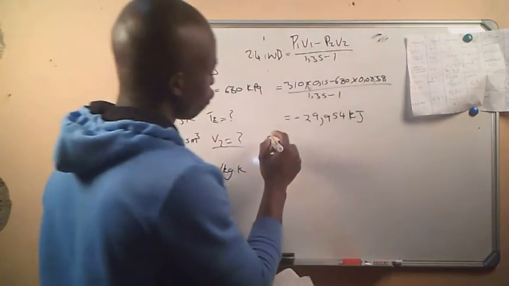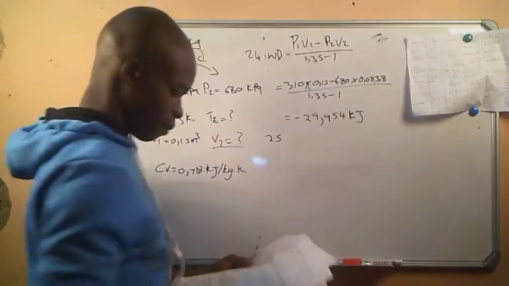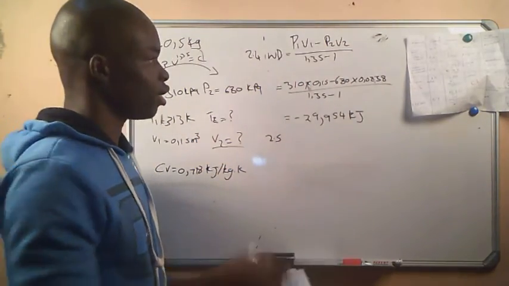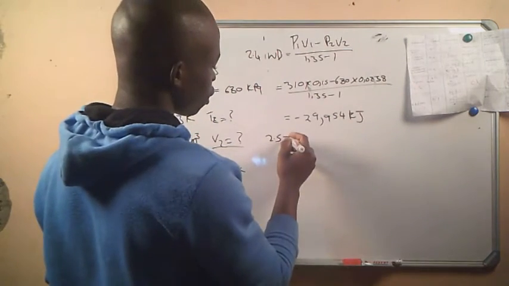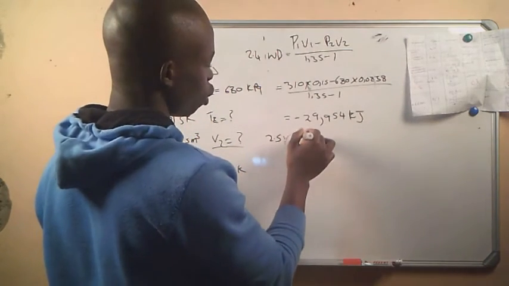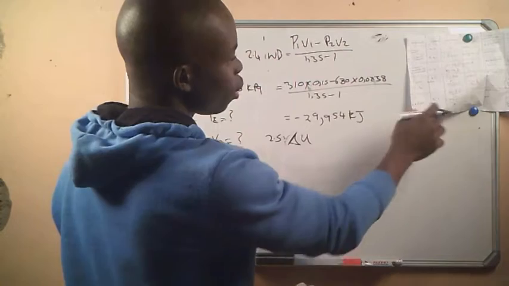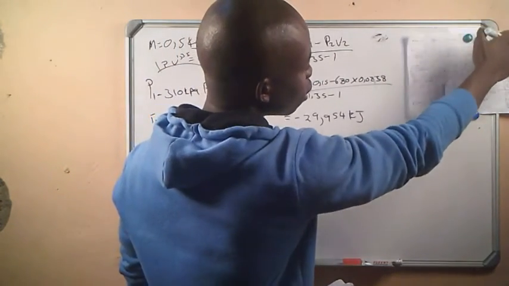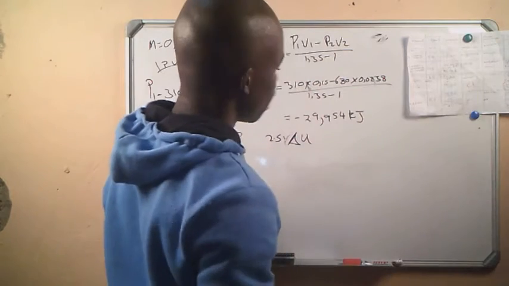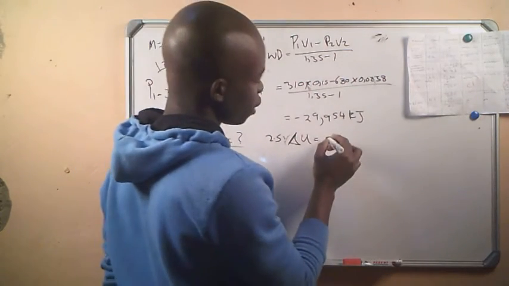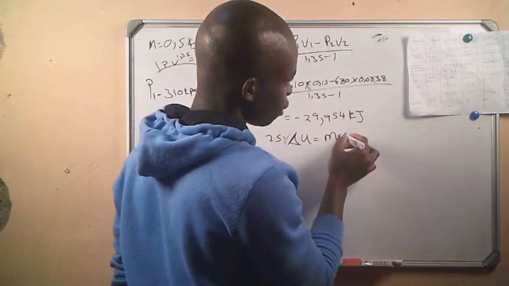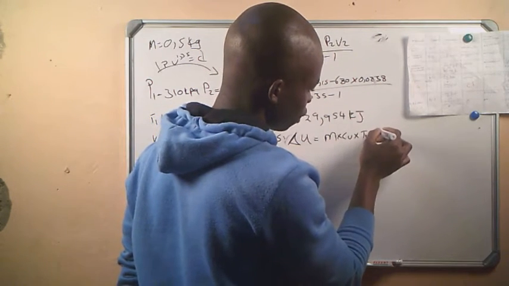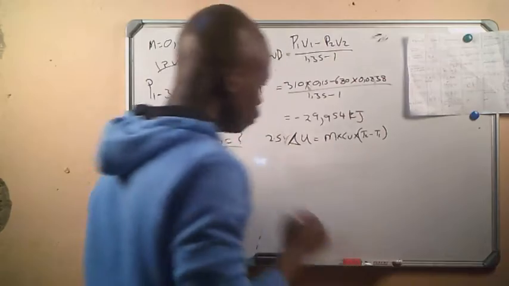And then now we move to our 2.5. Our 2.5 says calculate the change in internal energy. We know internal energy is represented by change in U, and then we go under internal energy. Then we get that the formula to use is m times Cv, change in T, T2 minus T1.